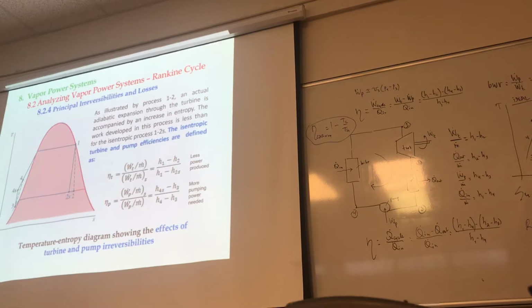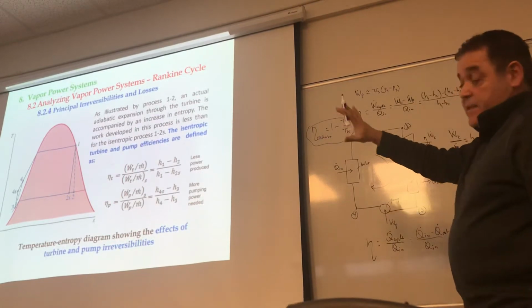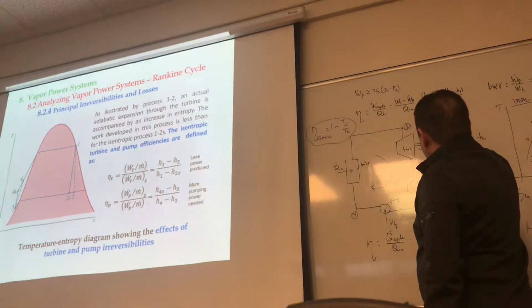And then, another quantity that is of interest in here, and this equation kind of looks complex, but really it's yet another equation that you could probably figure out without even doing this. What does the isentropic efficiency of the turbine mean?